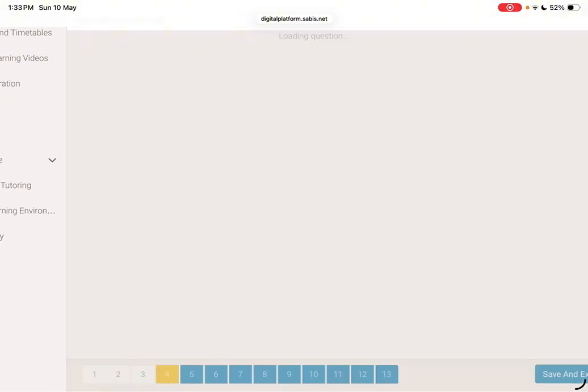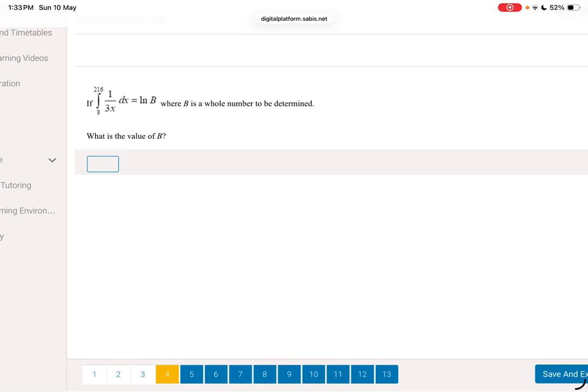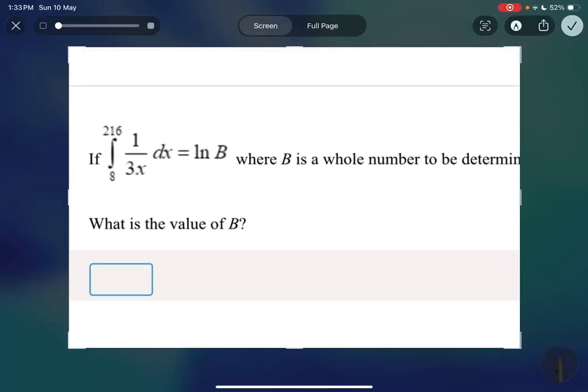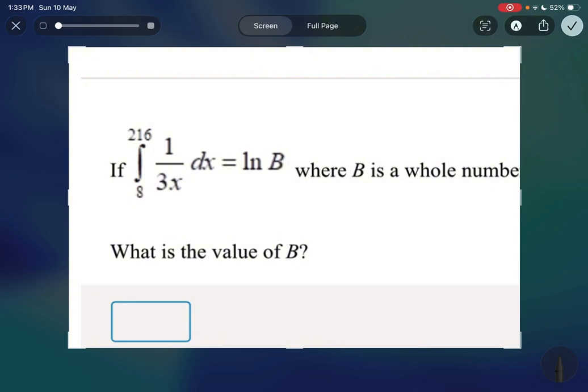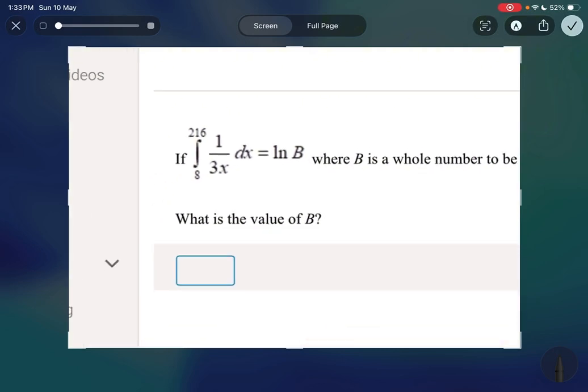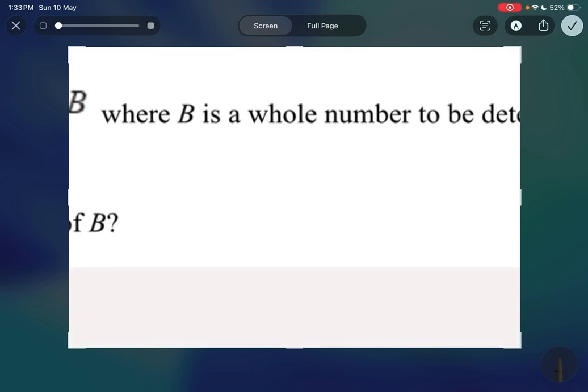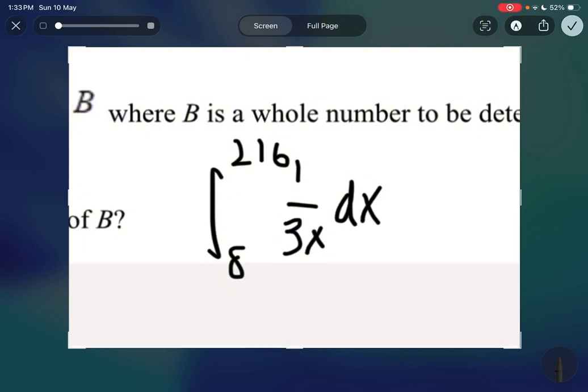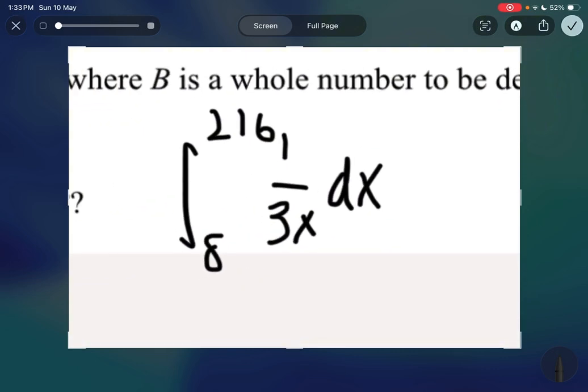Question number 4. Here they want us to integrate the integral from 8 to 216 of 1 over 3x dx. They want it in terms of ln. So here, the constant is 1 over 3. You take it out.